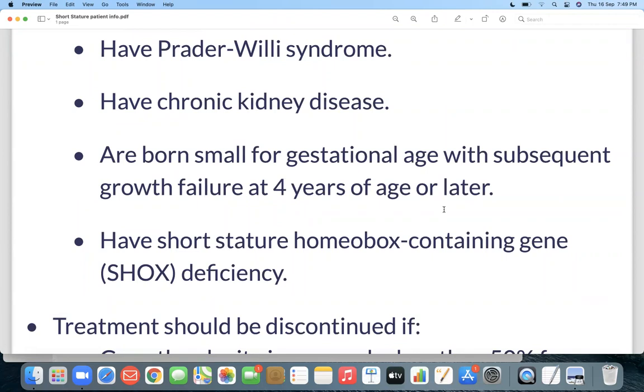Have short stature homeobox containing gene, SHOX deficiency. So here, small for gestational age, SGA is also an indication, but you will start at the age of 4 years, right? Below 4 years, I think you will not start this treatment. Any comments for this?